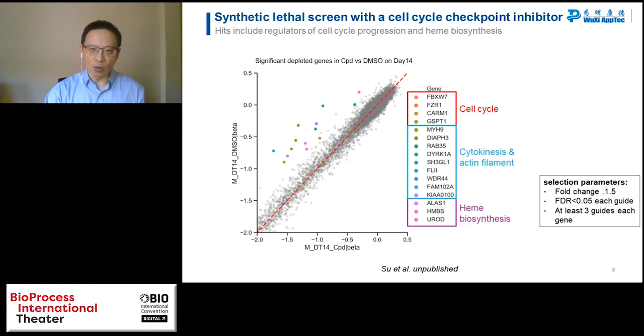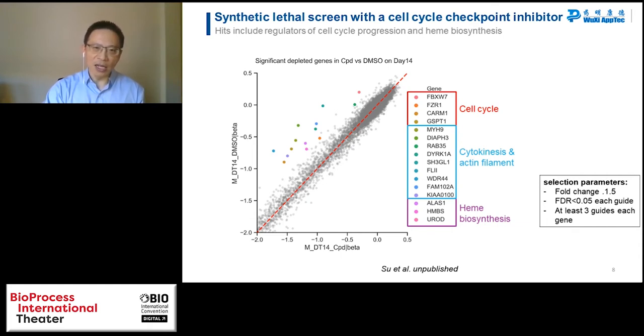When we use a 1.5-fold change as a cutoff, with a low FDR, and at least 3 guides as a selection marker, we could identify only 17 genes out of this whole genome library that, when inactivated, cause synthetic lethality with this cell cycle checkpoint inhibitor.